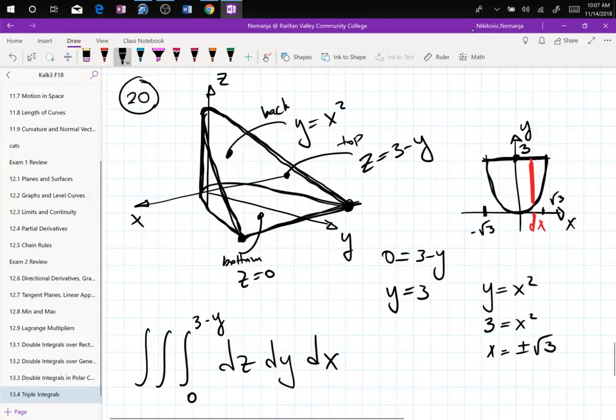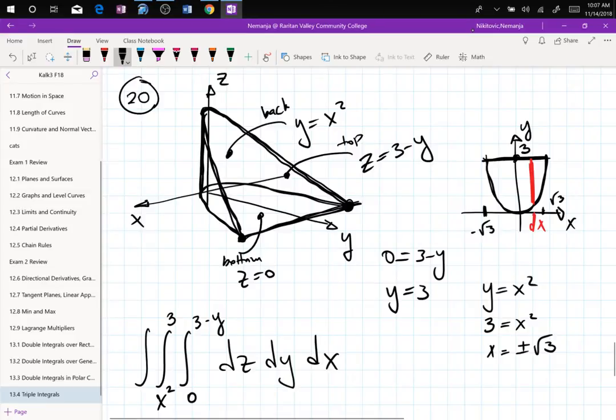What are my y limits? Anyone? I would agree with 3 and I would not agree with 0. x squared to 3, very good.